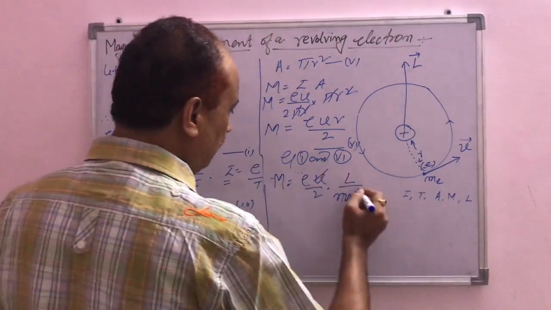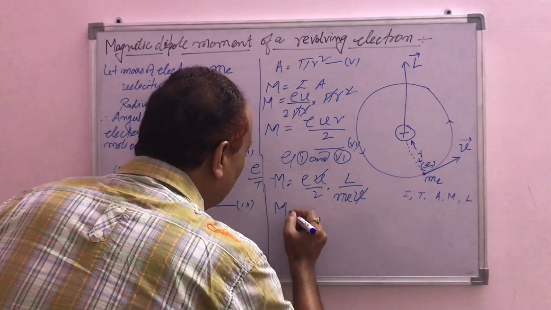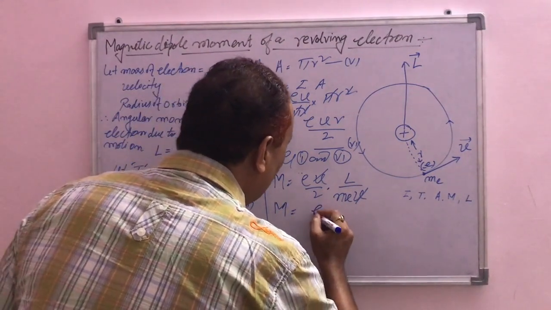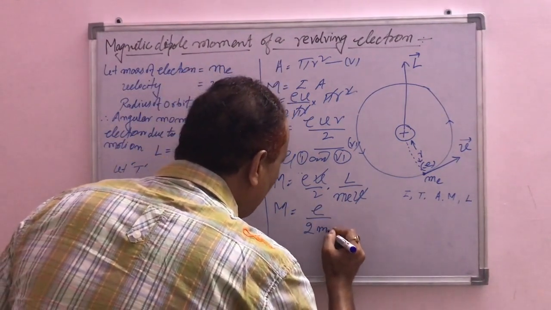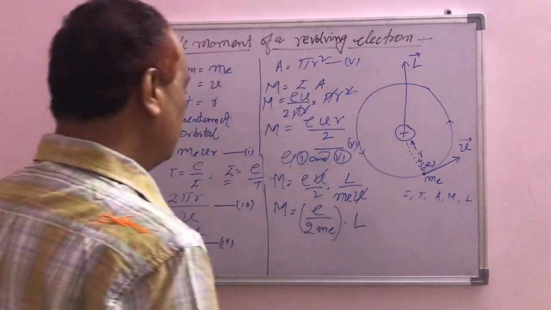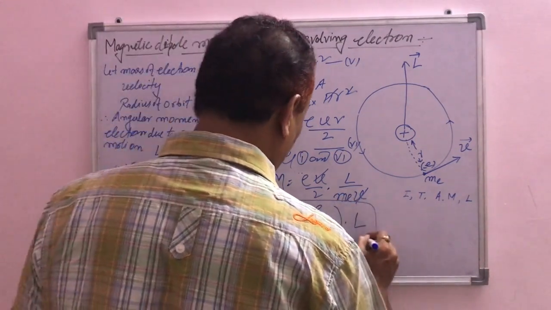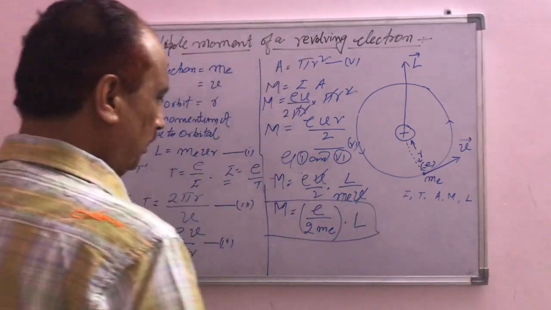Now the v's cancel out and we get the relation M equal to e upon 2 me into angular momentum L. So it is the magnetic dipole moment of the revolving electron in its orbit.